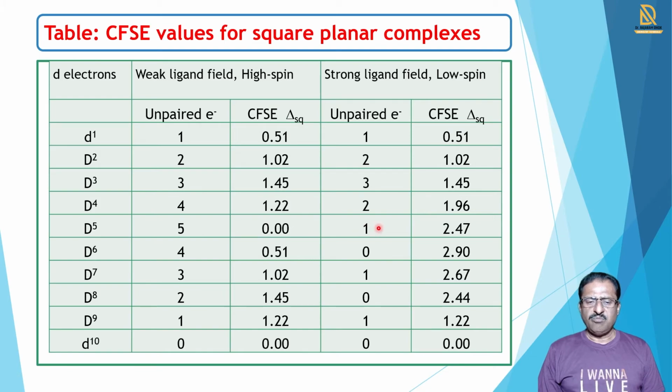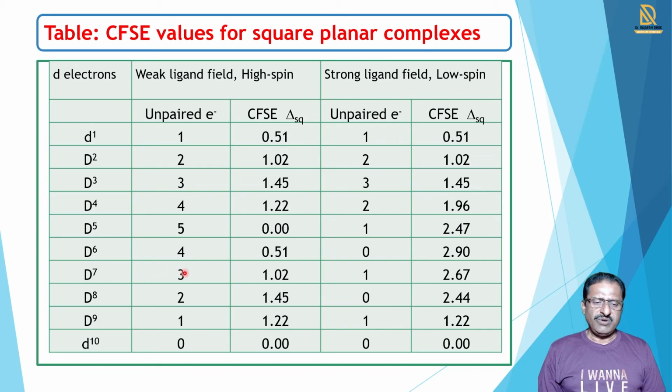In the strong field complex, 1 unpaired electron is present and the value is 2.47. Then in the d6 case, in the weak field complex, the number of unpaired electrons is 4 and the value is 0.51. In the strong field complex, unpaired electrons are 0 and CFSE is 2.90.